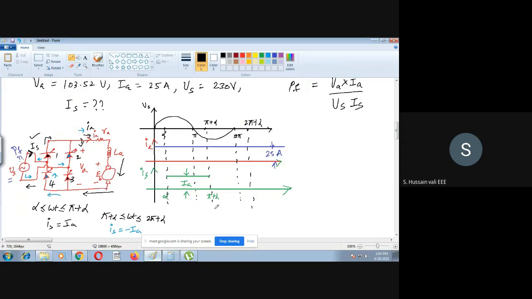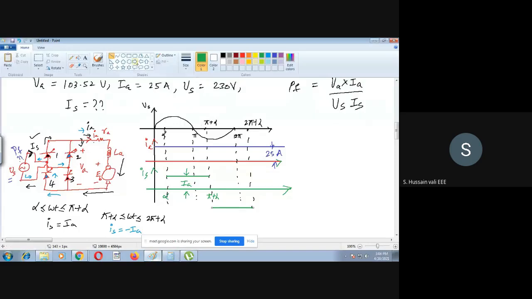But one thing you must understand is that it is not IA, but minus IA. So what is IA here? IA is still constant, so minus IA means it's negative.